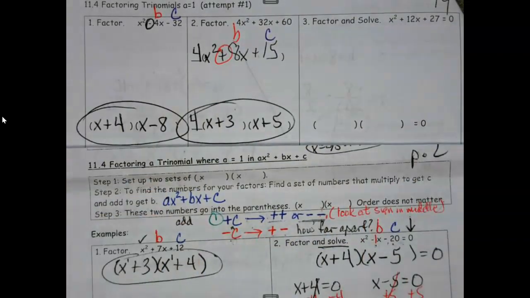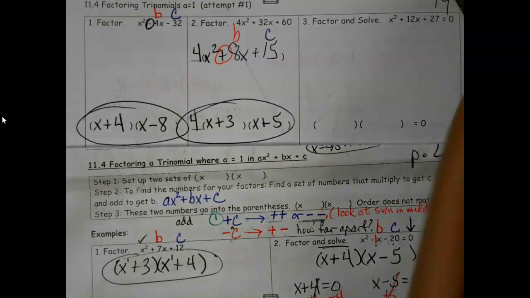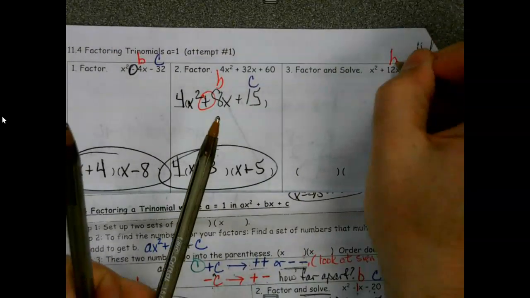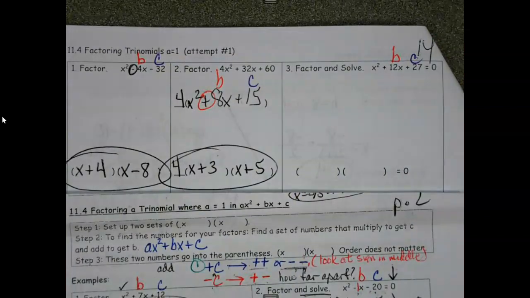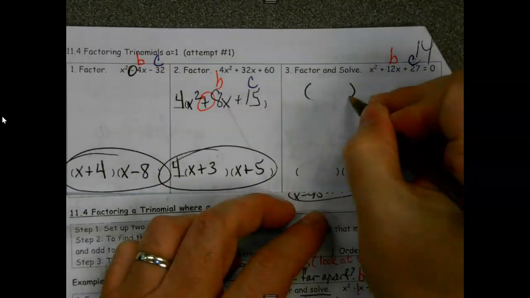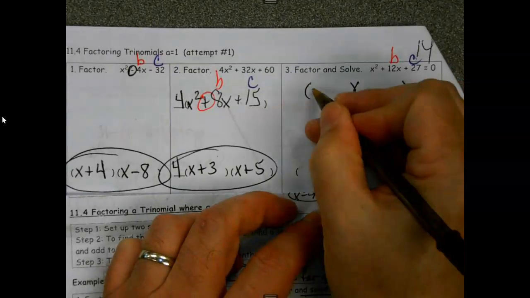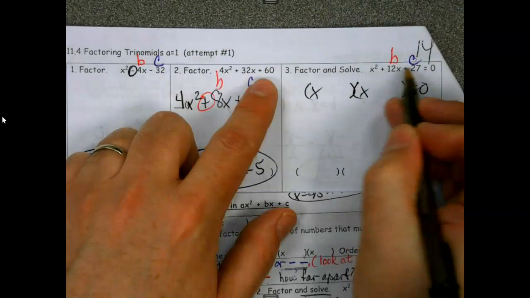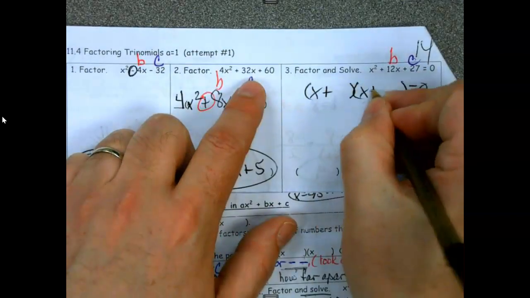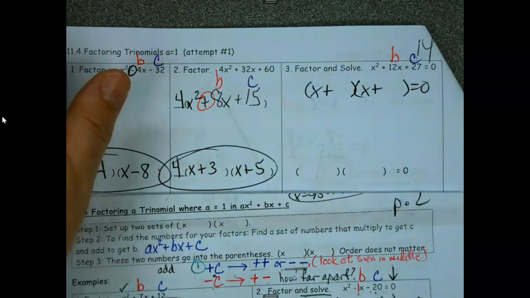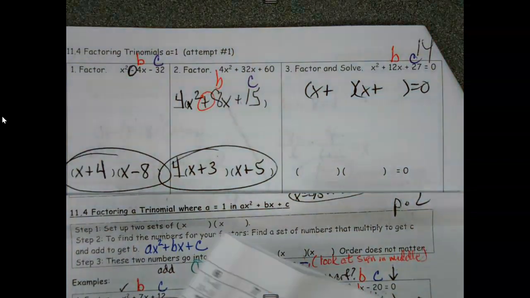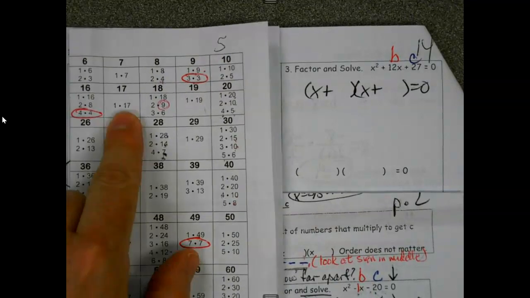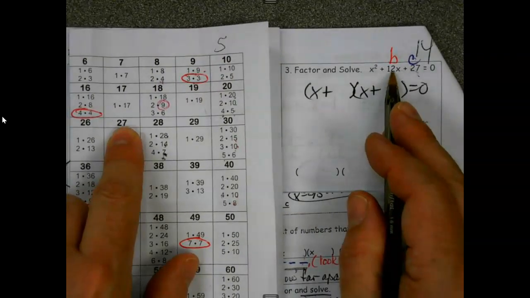So when I get to the last one, the only difference is now there's an equal 0. I'm going to solve it at the end. But the concept is exactly the same. So let's check this out. I notice everything is pluses again like it was in the last one. So we double plus. 27, we need to add up to 12.